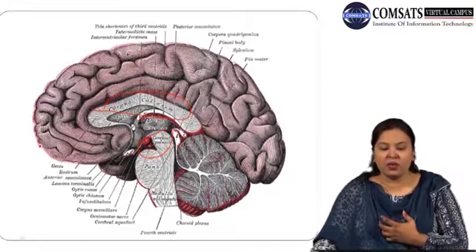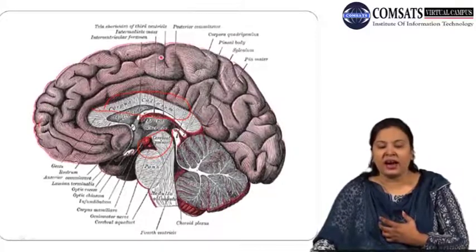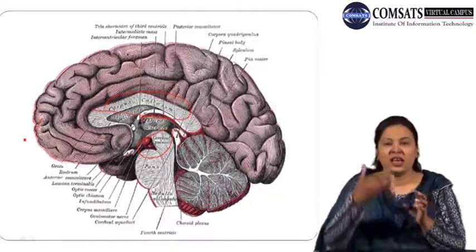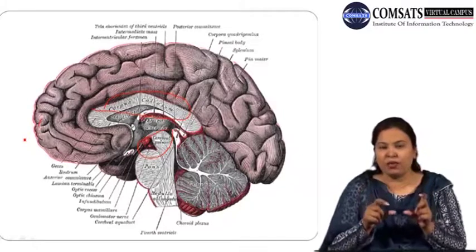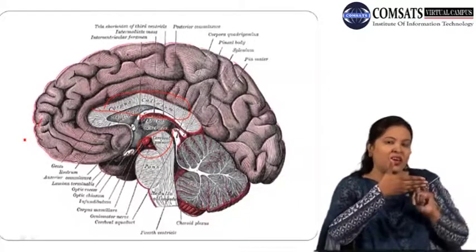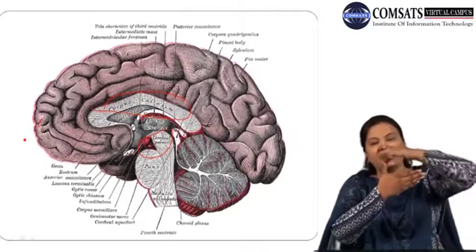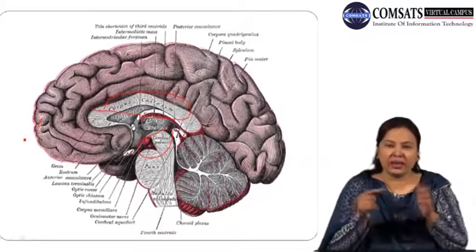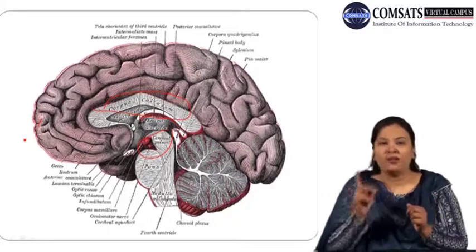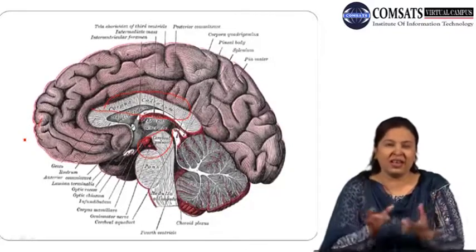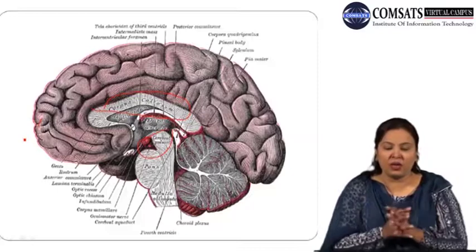The figure you are observing is showing you one side, so somewhere in between there would be the separating line, that is the longitudinal fissure. So these are some important areas with respect to language.